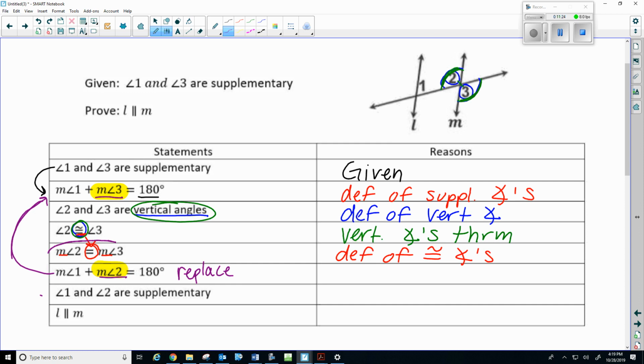We were allowed to do this because of this statement right here, saying anywhere that I have the measurement of angle 3, I can replace it with the measurement of angle 2 because they're the same. So we have removed the measurement of angle 3, and replaced it with another measurement angle that is equal. Okay? So that replace tells us our substitution. So we have our substitution property.